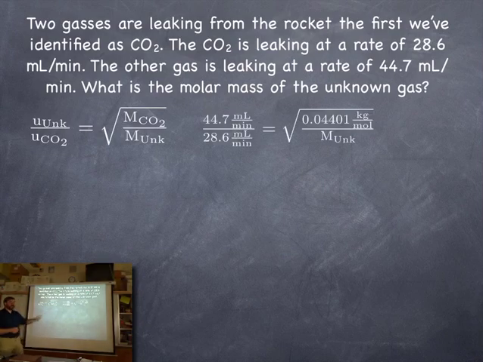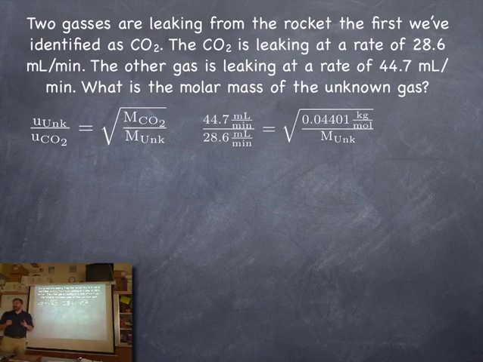So you should have gotten 44.7 milliliters per minute divided by 28.6 milliliters per minute, equals the square root of 0.04401 over the unknown. I did convert into kilograms per mole. You don't have to. You could do it in 44.01 grams per mole. That will work because this is a ratio, and those units would be canceling out.